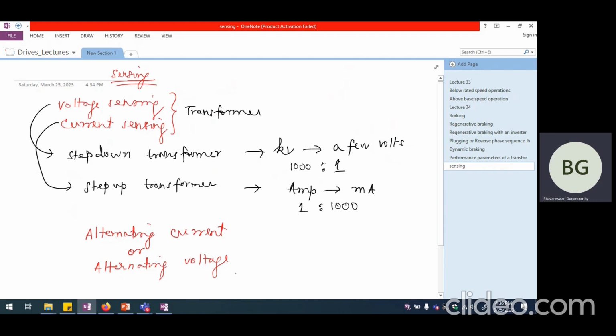So I have to find some other method for sensing DC current or DC voltage. I am not going to expand upon this much in this particular course, but we will continue with sensing in the next class as well.